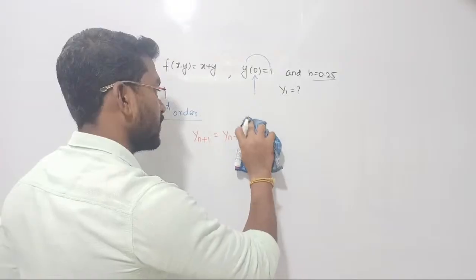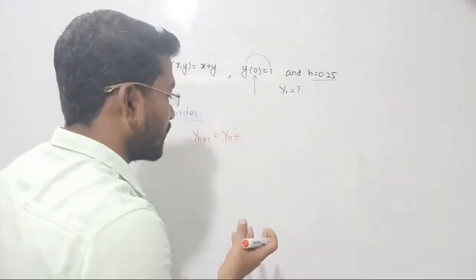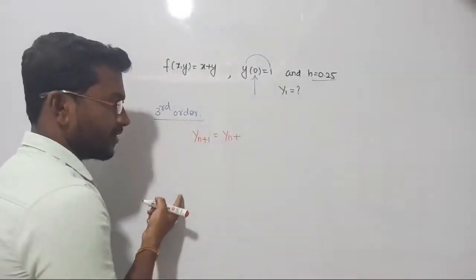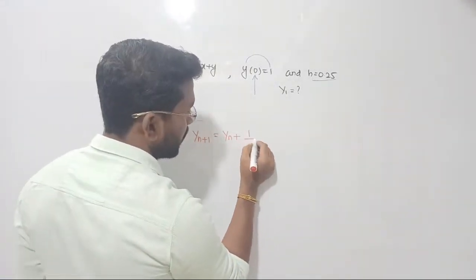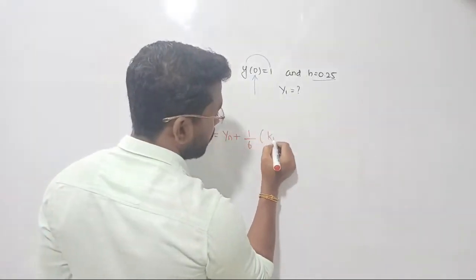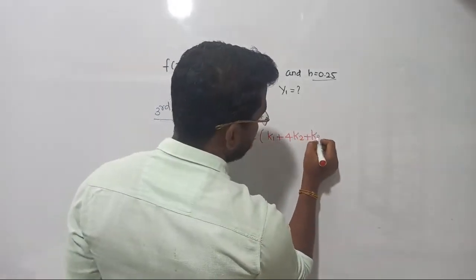Guys, please forgive me. My mind is traveling along with the Euler forward method. So, okay, we are in third order. In Runge-Kutta third order, what I have done, that is 1 upon 6, we should put 6 in bracket, that is going to be k1 plus 4 times of k2 plus k3.